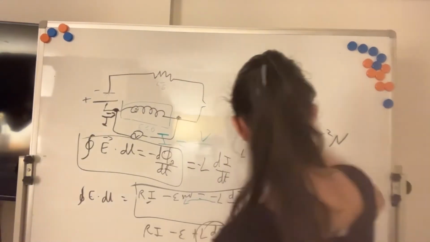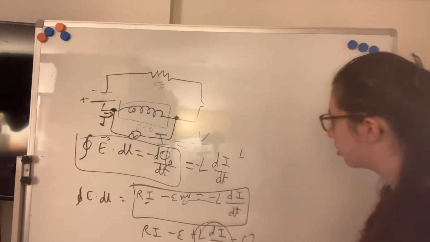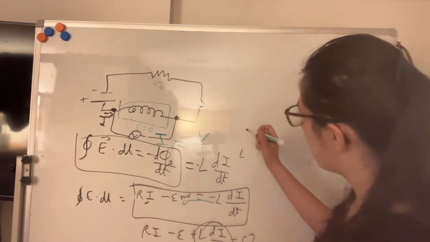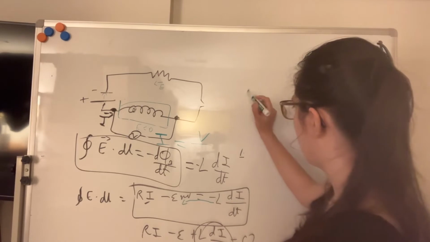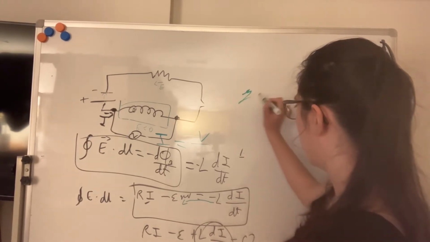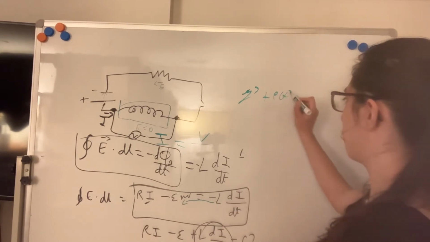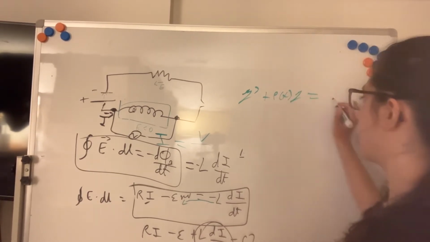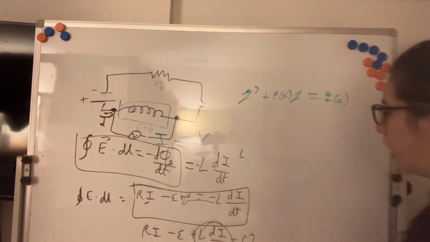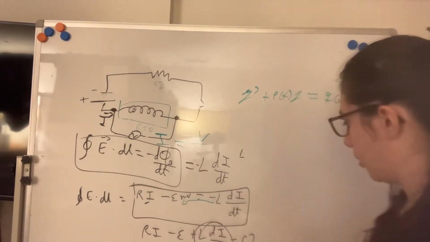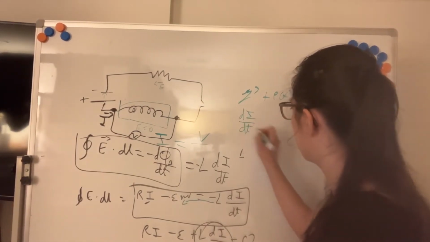So remember that first order differential equations can be written as y prime plus a polynomial of x times y is equal to another polynomial of x, something like this. In this case, y prime would be di/dt.